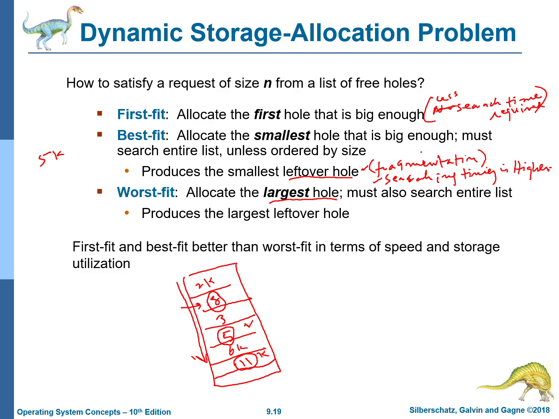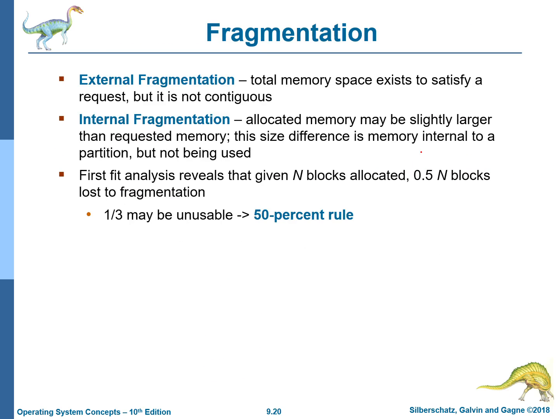So best fit and first fit are the most preferred approaches while dealing with dynamic allocation problems. Now, fragmentation, I have already told you that we have two types. Internal fragmentation is when you have some memory wastage inside a partition, and external fragmentation is when the internal fragmentation is cumulatively combined.